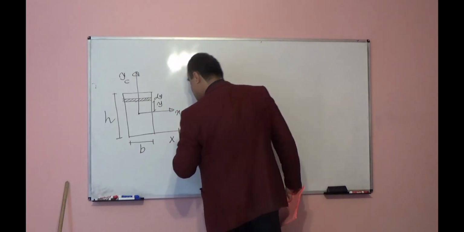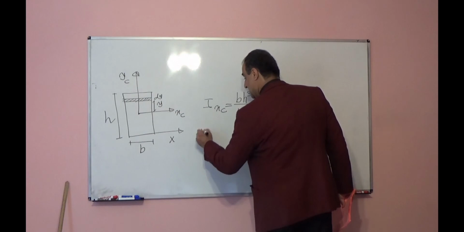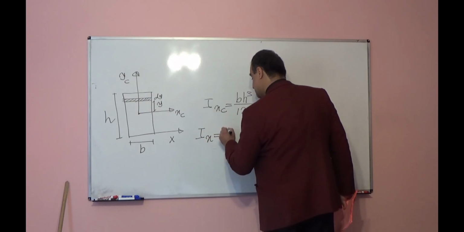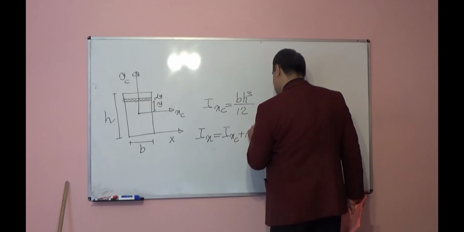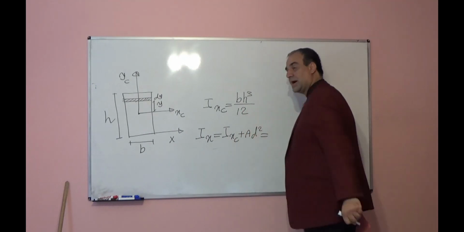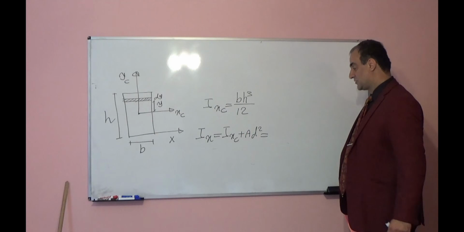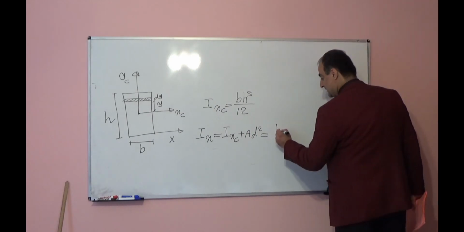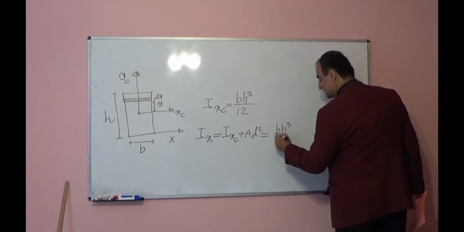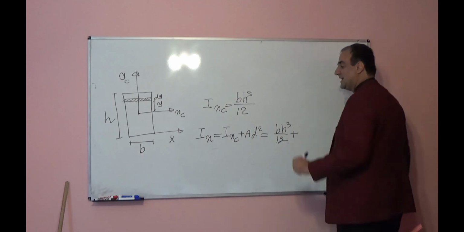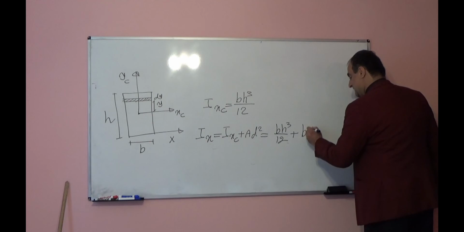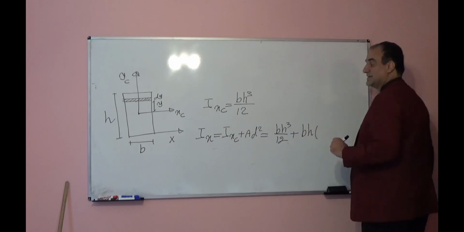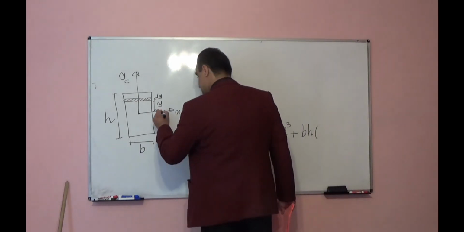If I call this x, Ix is equal to Ixc plus A d squared, the parallel axis theorem. So I can plug in b h cubed over 12 plus the area for this cross section, which is b times h, times the distance between the two axes.